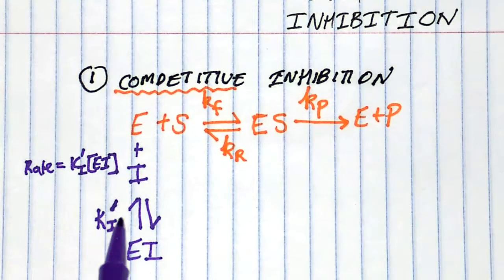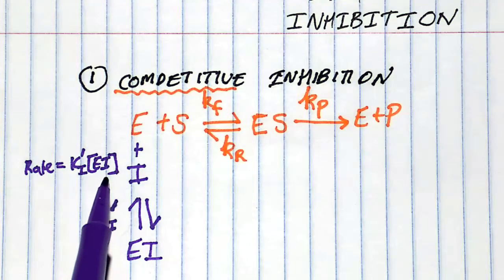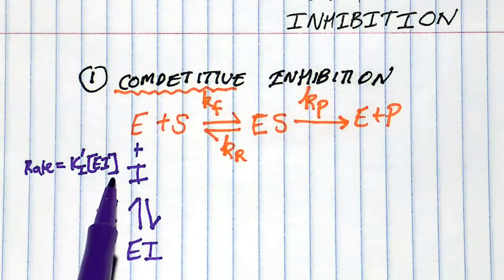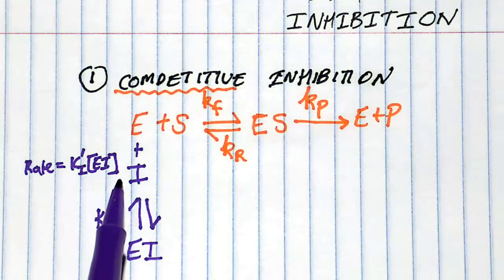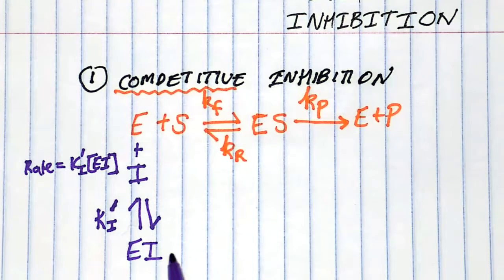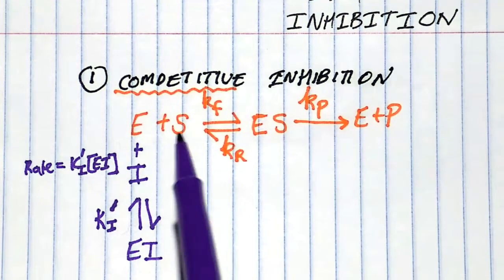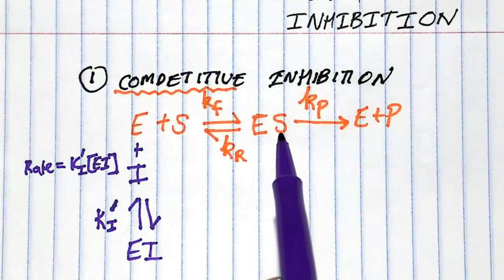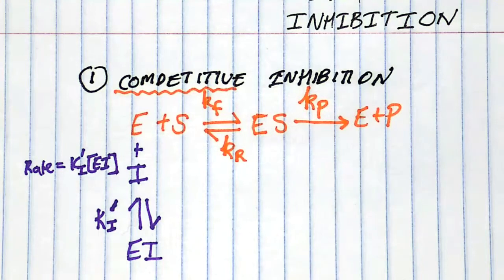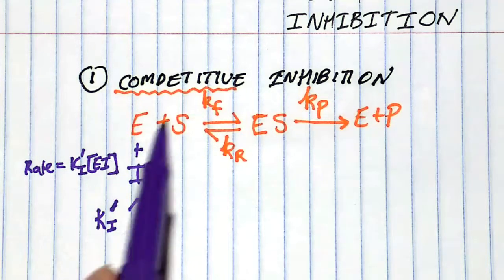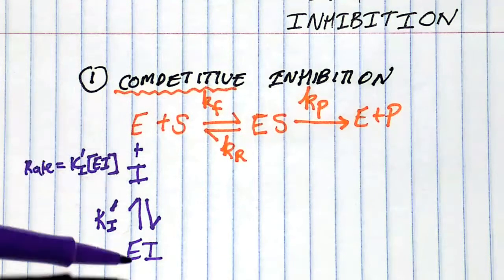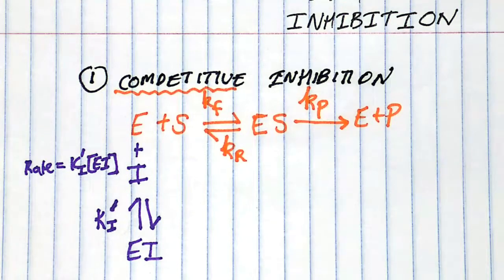So that dissociation of EI back to free I and free E can be zero order, first order, or second order. But the magnitude of this dissociation constant Ki prime tells you whether you'll have free enzyme available to bind to substrate, to form the enzyme substrate complex, and in turn generate free product and free enzyme to catalyze the reaction over again. So instead of having the orange, we are now in competition with the purple reaction.